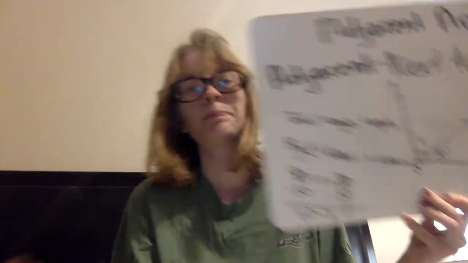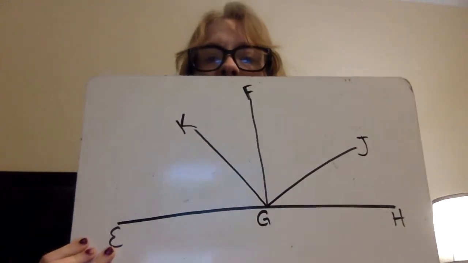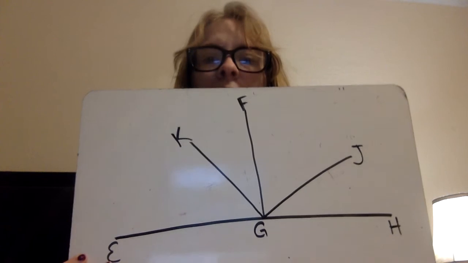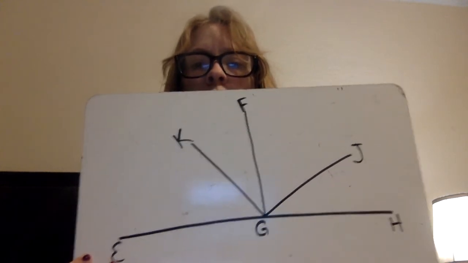60 equals x. Let me pull up the homework because there was one that I really wanted to... Okay, I'm going to draw this one for you real quick. Number 5 on page 793. So if anybody happens to be following along right now, they could check that out. And you've got this really funky looking amount of lines going on. So it says, what is the angle measure of angle FGJ?